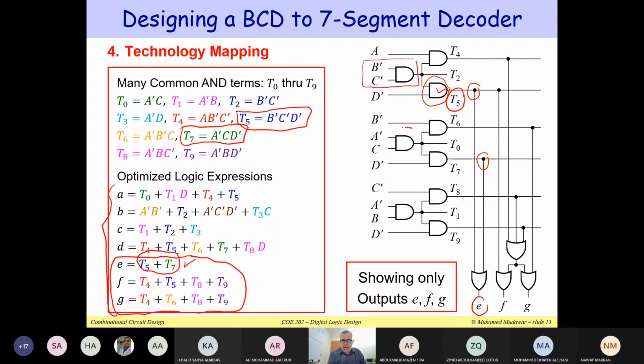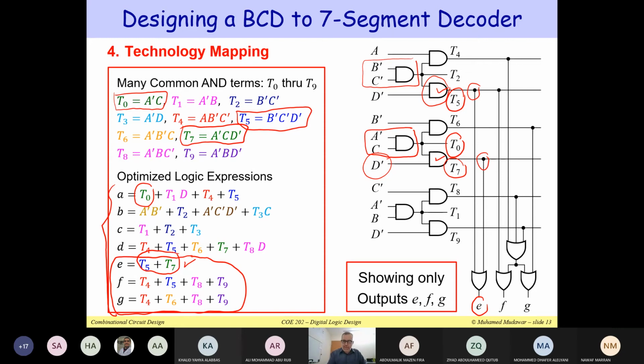So this is A prime and C. Notice that A prime and C, we gave it, this is term T0. And for example, the output A uses this term T0. But T7 is nothing but A prime, C, and D prime. So we take T0 and we AND it using this AND gate with D prime, and I will get the output here, which is T7. So we have two levels of AND gates, and we even have two levels of OR gates.